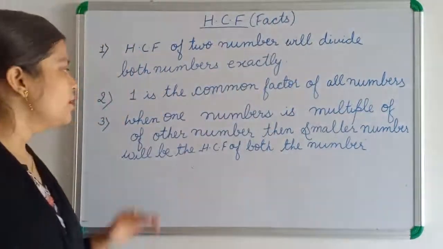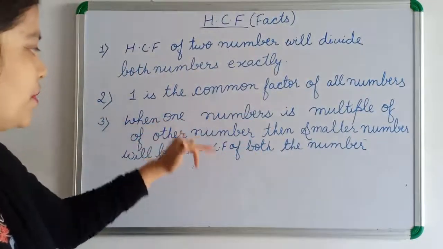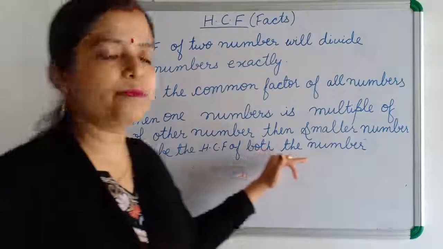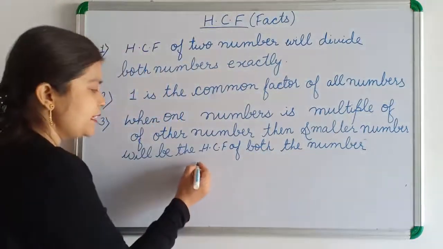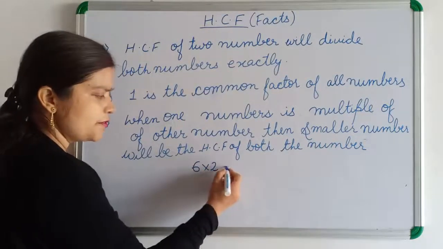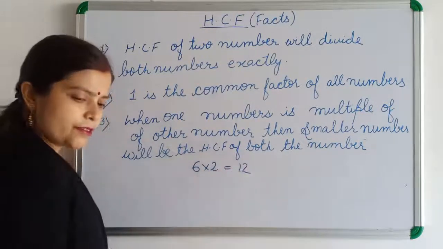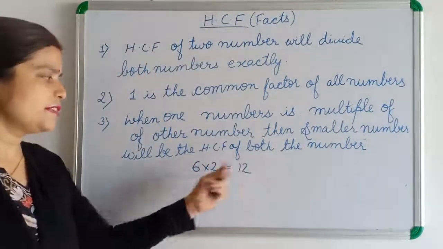Now next, when one number is a multiple of another number, then the smaller number will be the HCF of both the numbers. For example, when we multiply 6 by 2, we get 12. So this 12 is the multiple of 6.